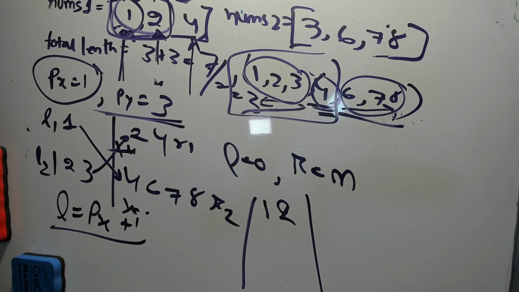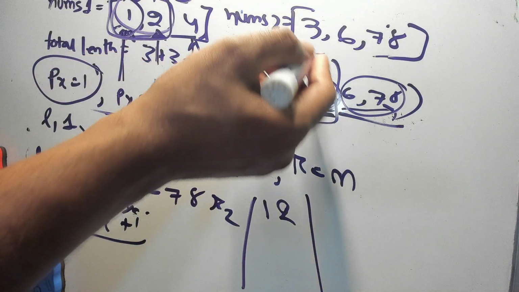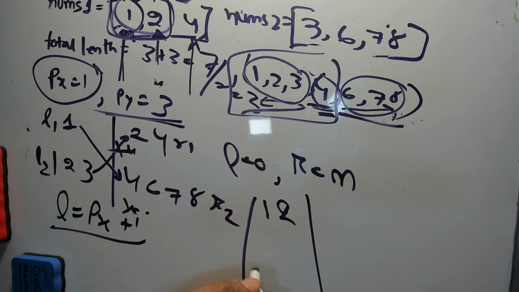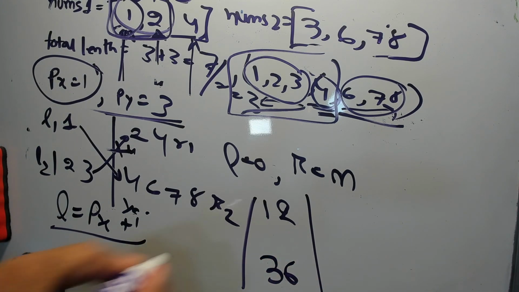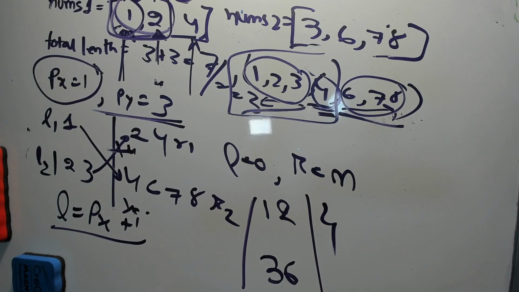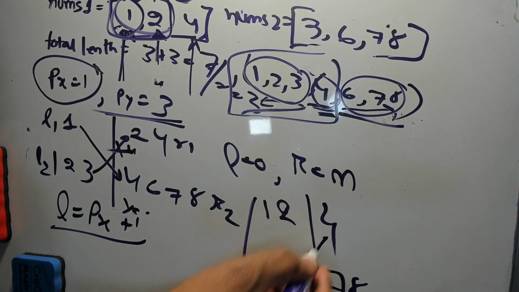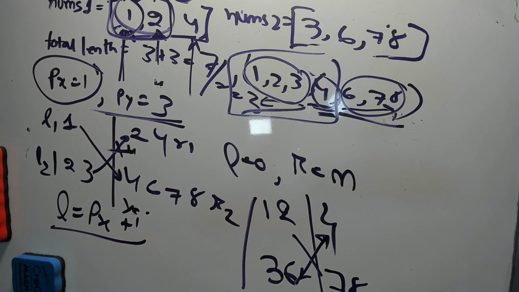So here it will become 3 and 6, and 4 will go here, and then 7, 8 will go here. And in the next iteration, again, this will pass, but this will fail, right?